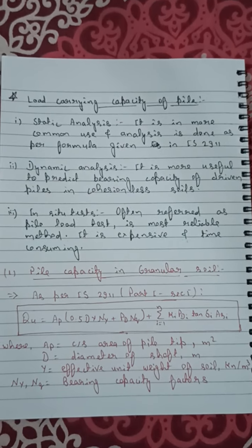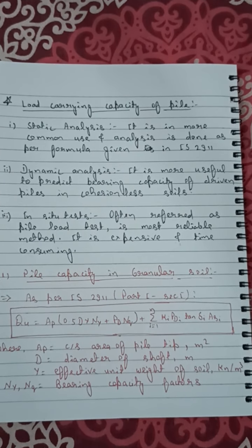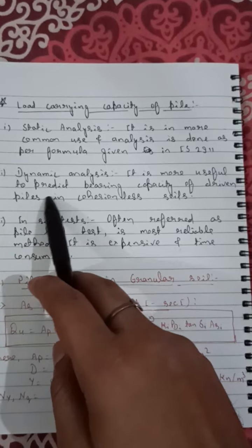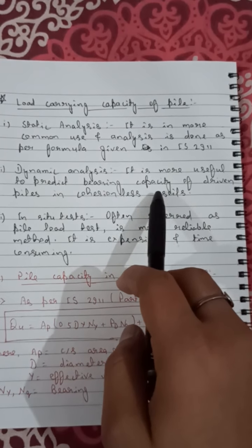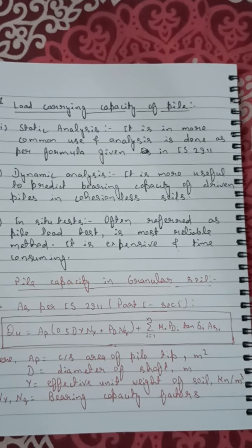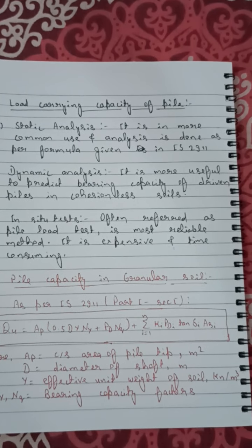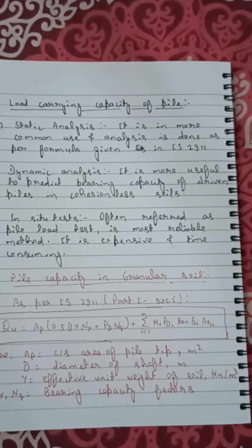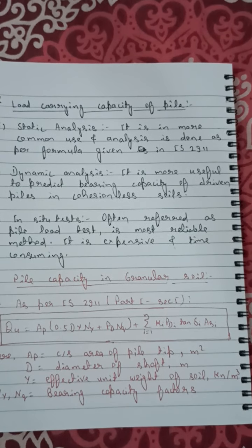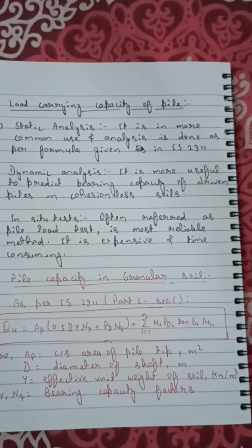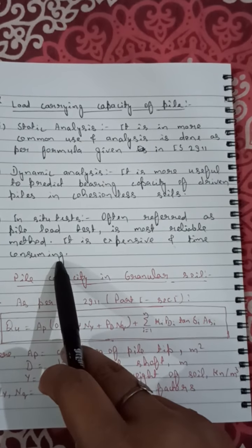Dynamic analysis is more useful to predict bearing capacity of driven piles in cohesionless soils, and it is not a common practice. The third one is in situ tests, often referred to as pile load test, and is the most reliable method, but its shortcoming is that it is expensive and time consuming.